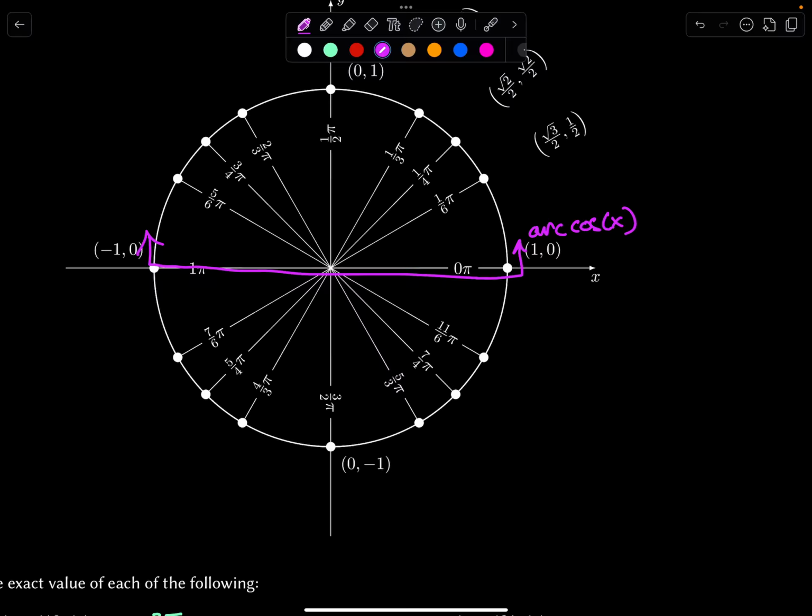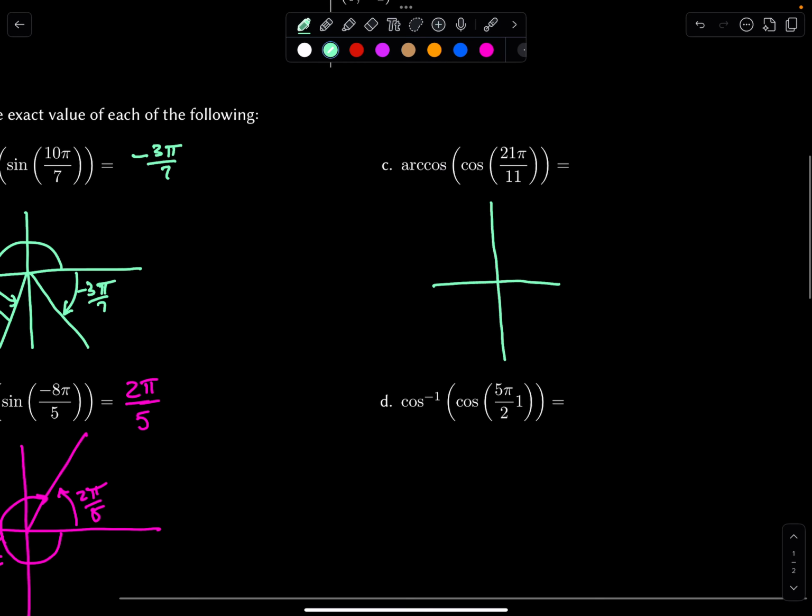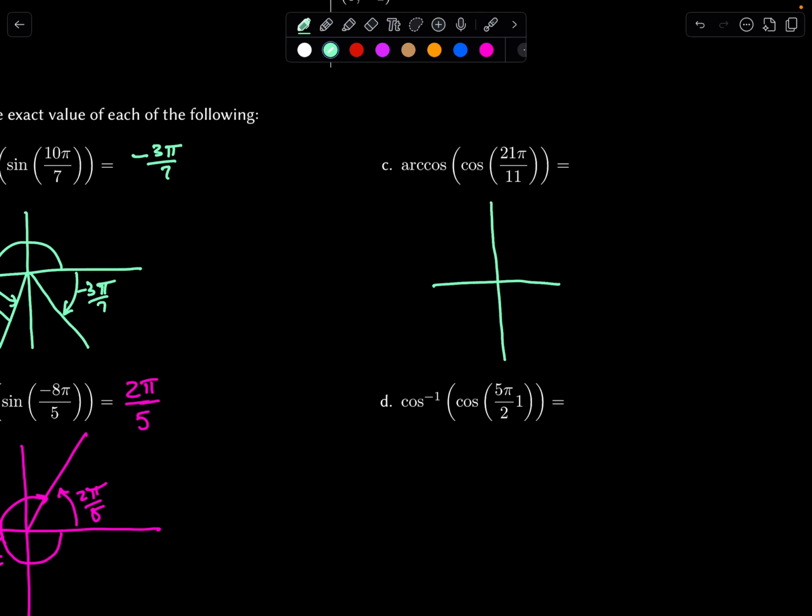So now we just have to worry about if we end up down here or down here, we're going to have to push those angles up. It's the same sort of idea as what we got when we were doing the arc sine. It's going to be a little bit more tedious to do quadrant 3, and I guess quadrant 4 will be a problem as well. But let's see where this ends up.